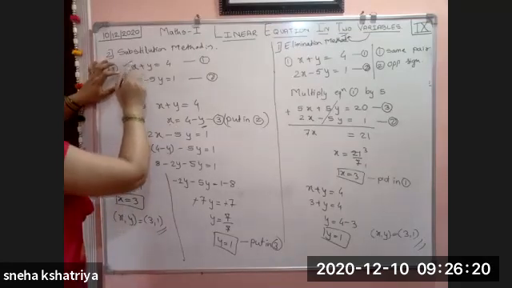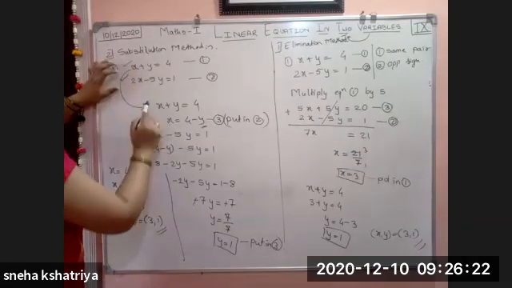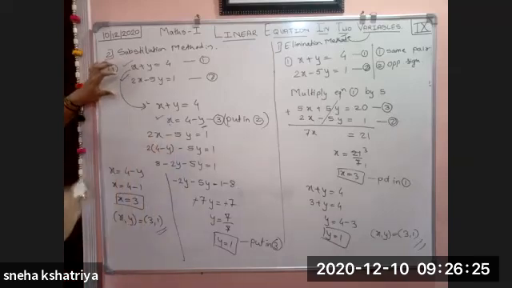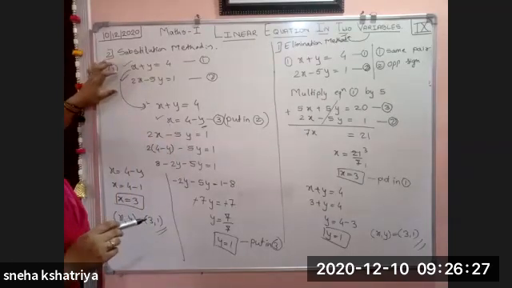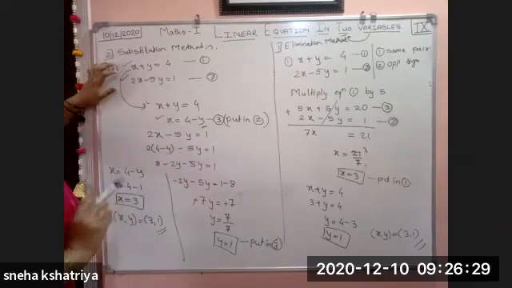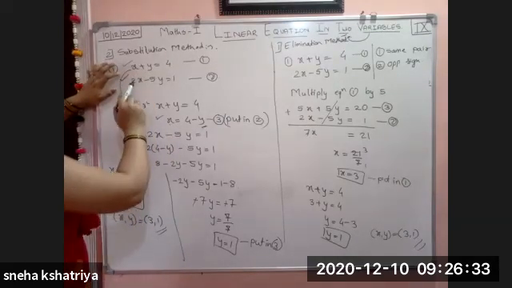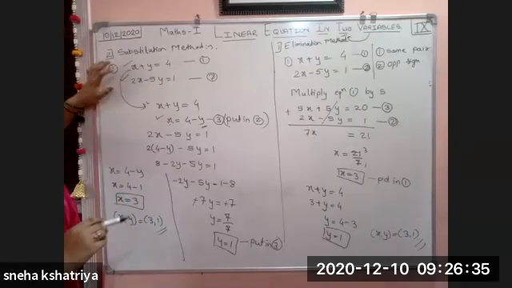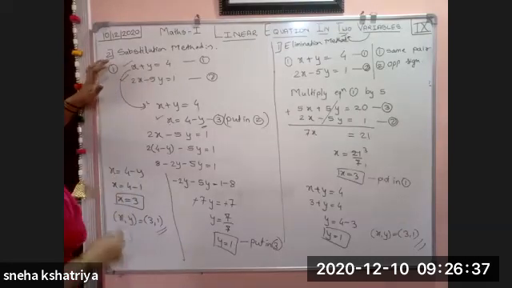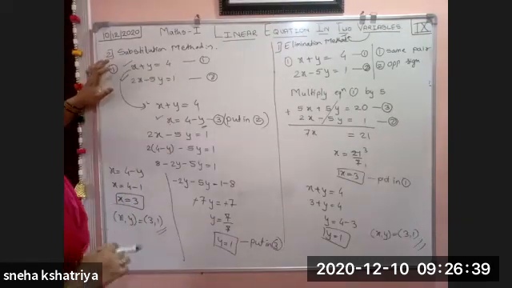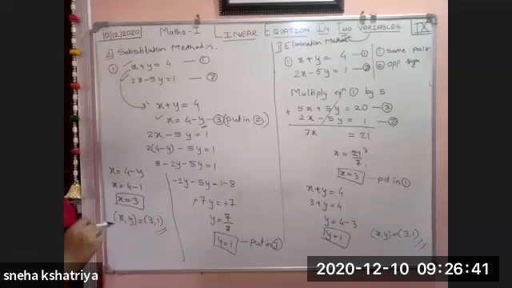Either you put in 1, or 2, or 3. Whatever you like, in that equation you can put. You will get the same value. If you put in equation 1 also, you will get the same value. If you put in 2 also, you will get the same value. So you have to think which one is easier, and according to that you have to put there. Okay.